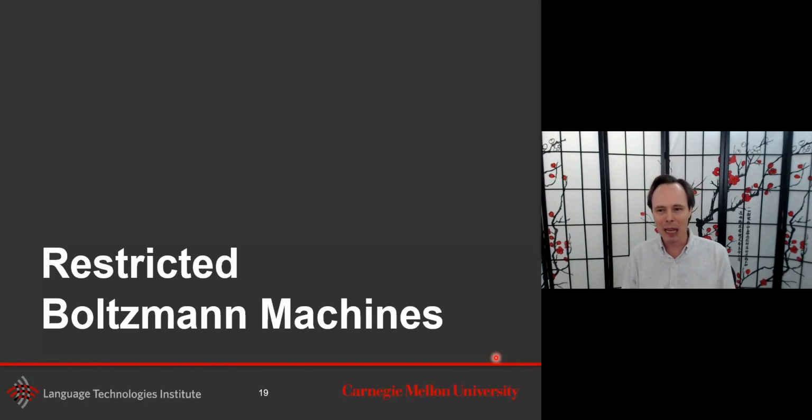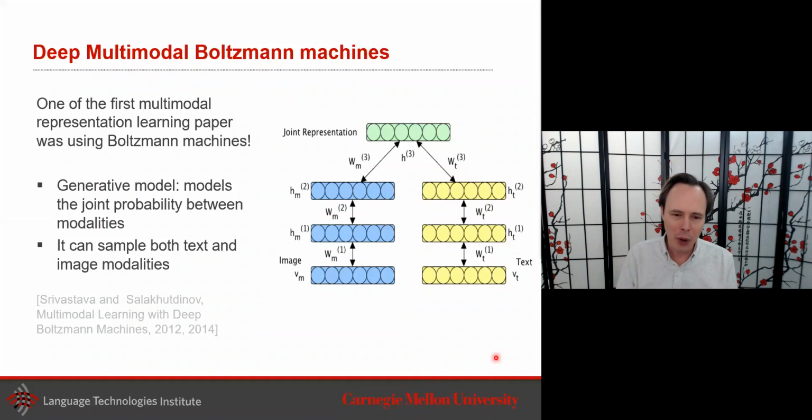I said I would revisit it, so I promised that, and I will. Let me revisit the restricted Boltzmann machine as an introduction to Markov models and the conditional random field specifically. I have two or three slides just to remind you: the Boltzmann machine was one of the first papers, very close in time to the multimodal autoencoder papers.